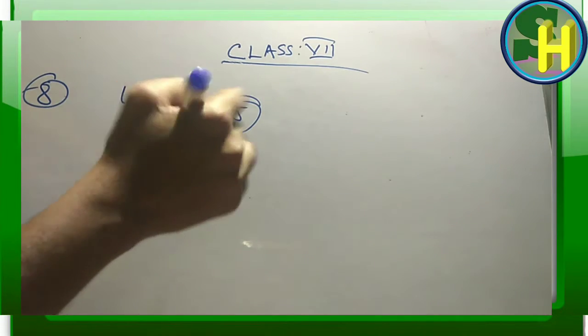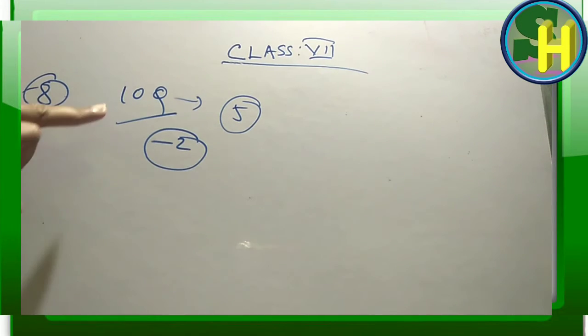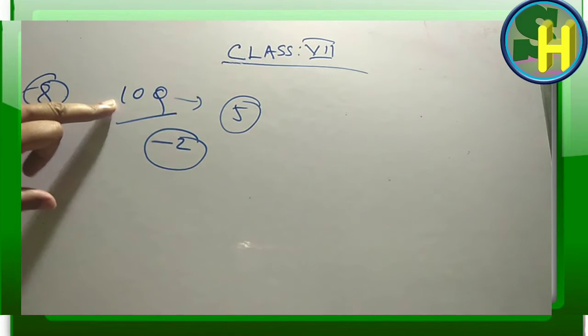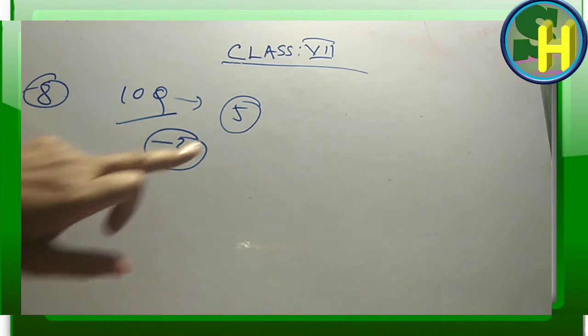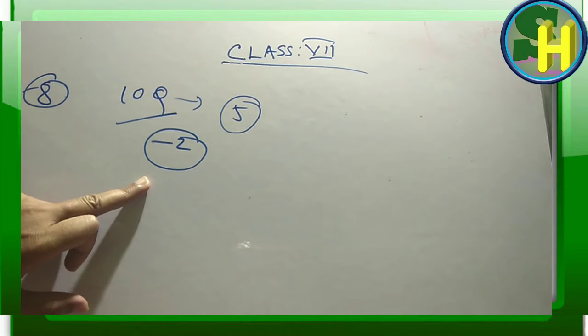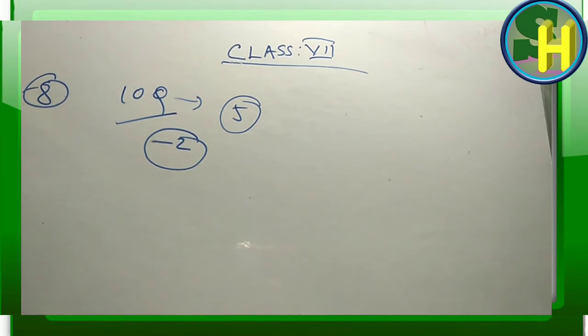This is your statement. There are 10 questions, each question having 5 marks, and for an incorrect answer 2 marks are deducted. This is the statement.